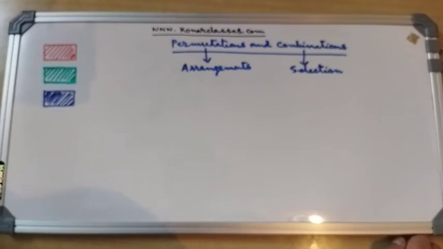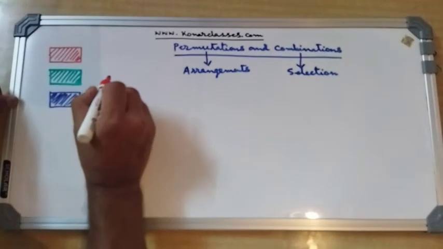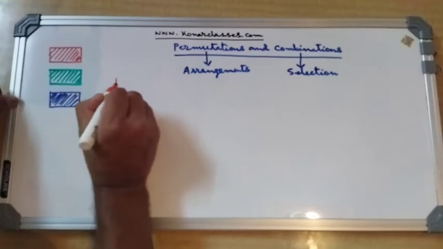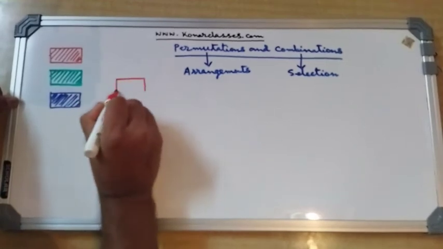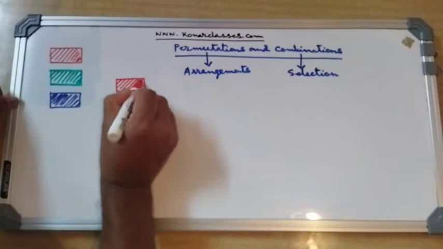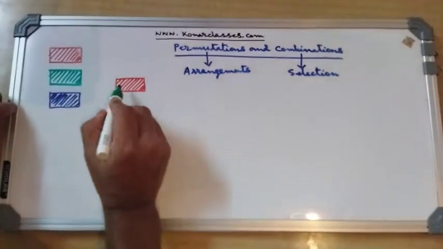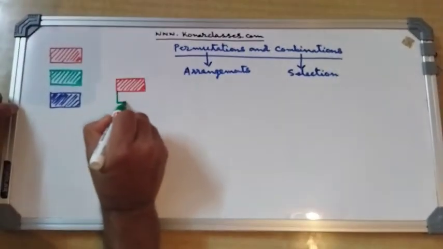That means, if we take two chocolates out of these three chocolates, how can we arrange them? Suppose first I take the red one, and below that red one I can keep the green one. Correct? So this is one arrangement, as you see.